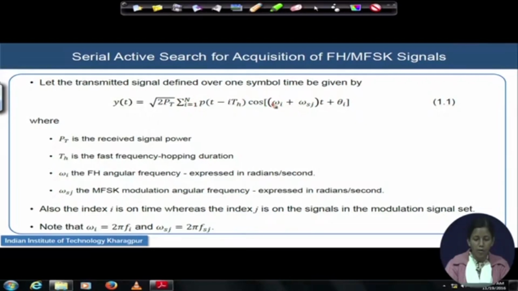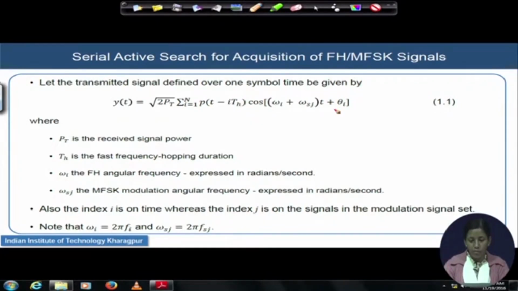So, this hopping frequency will change from i to capital N with a constant s_j. That is the meaning of fast frequency hopping, we understand. And these frequencies are expressed in radians, angular frequency is expressed in radians per second, and theta_i is the corresponding phase with respect to the hopping frequency i.